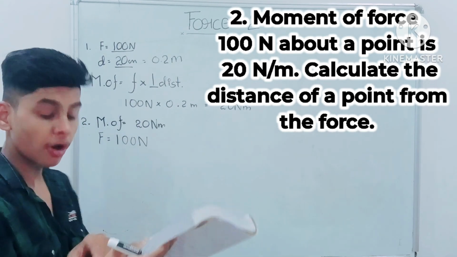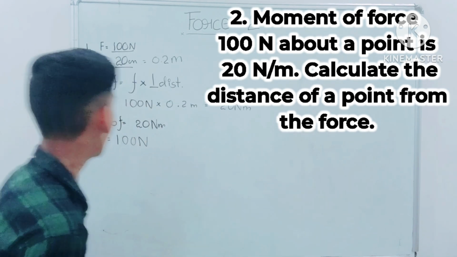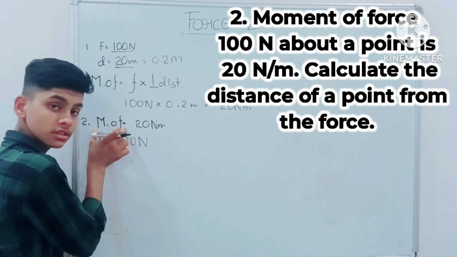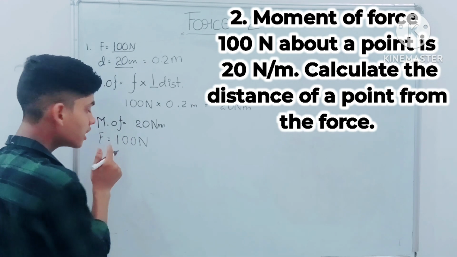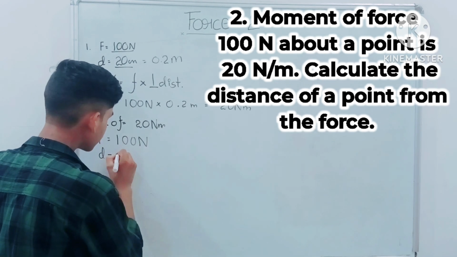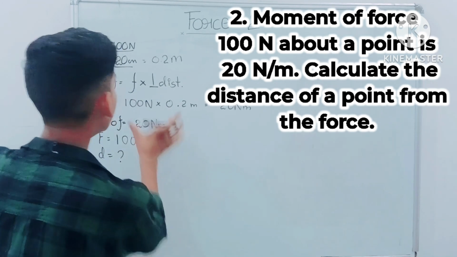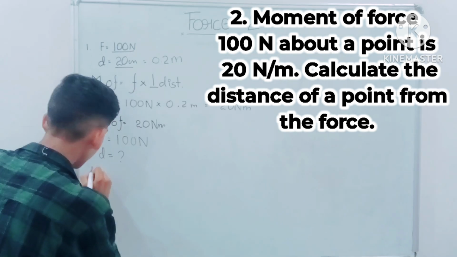Calculate the distance of the point from the force. Now the moment of force has been given, force has been given, we have to find the distance. Very easy, we will apply the same formula.